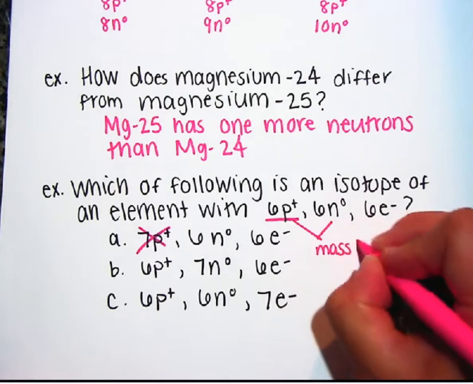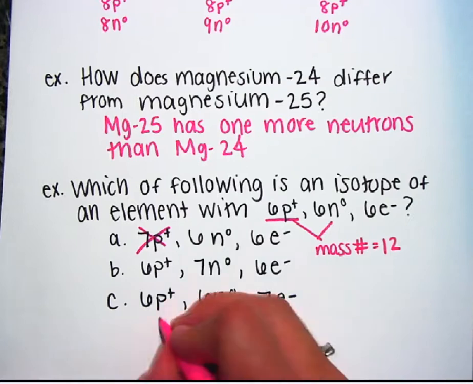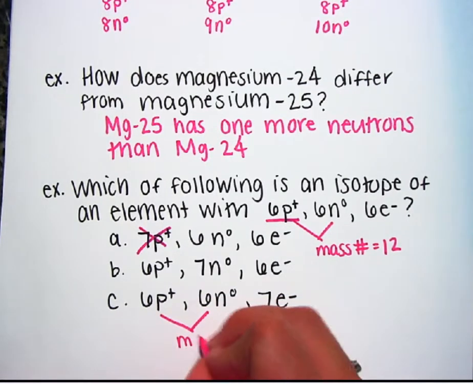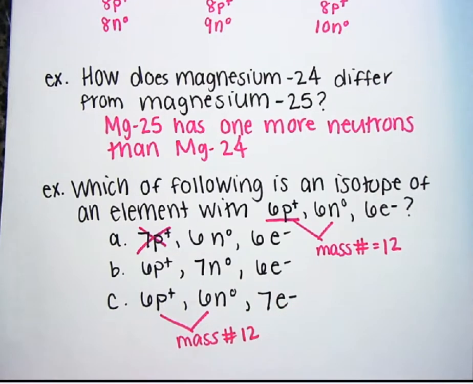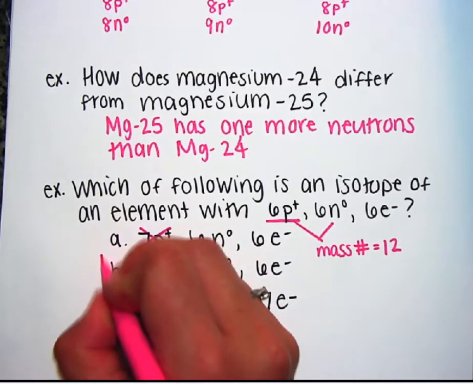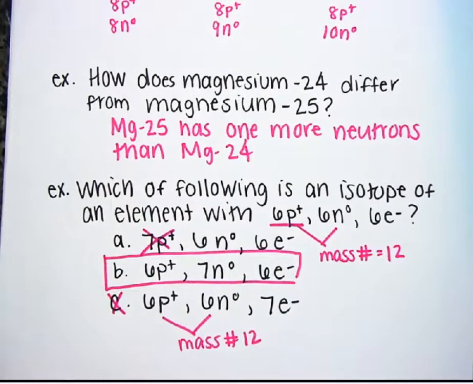So the element in the question has a mass number of 12. The element in C also has a mass number of 12. So C is out as well. So B would be our isotope.